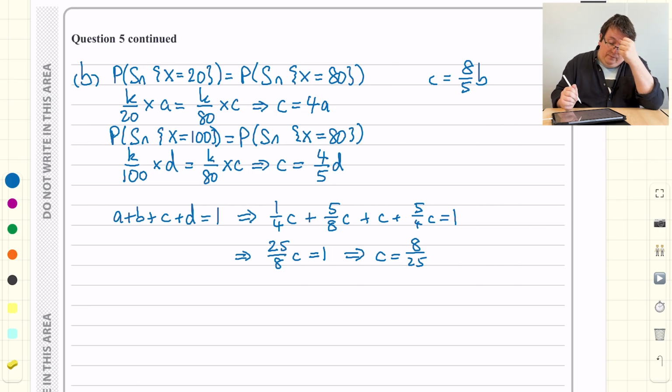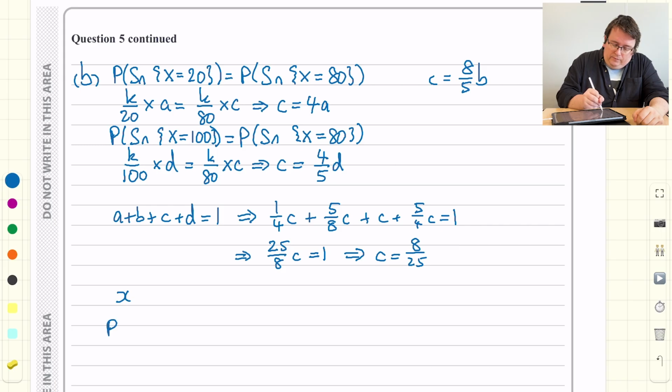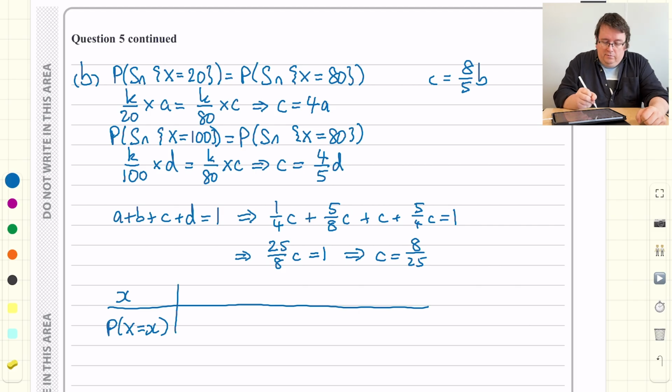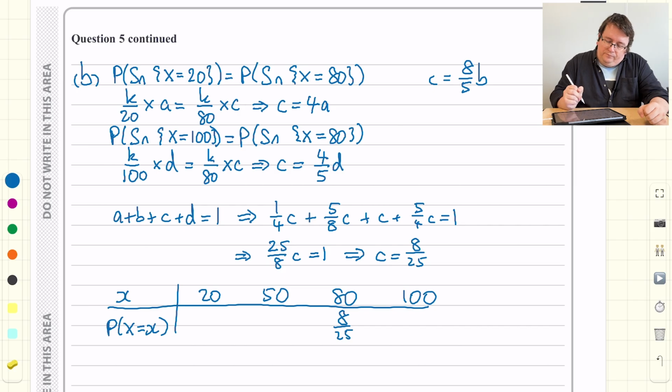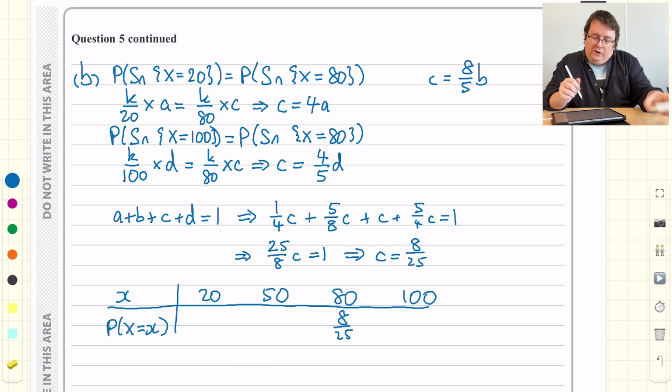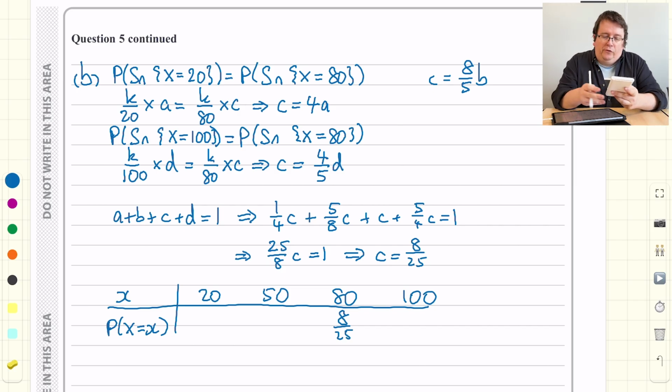Right. Okay, so now that we know C, we can find the others. So C is 8 over 25. So A is 1/4 of C. So 1/4 of 8 over 25 is 2 over 25.